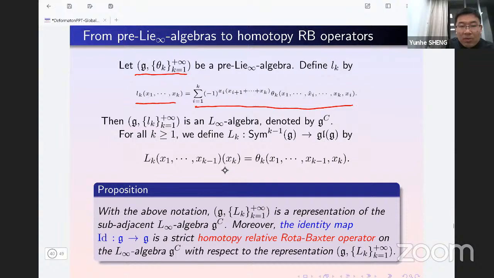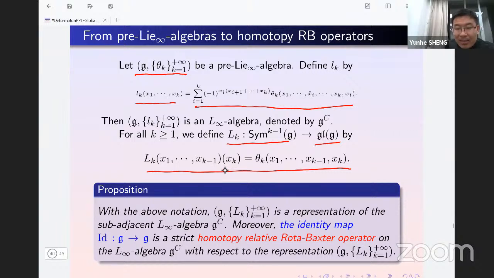And furthermore, we define capital L_k from Sym^{k-1}G to gl(G) by this formula. Then we obtain the following result. (G, L_k) is a representation of the sub-adjacent L infinity algebra G^C.